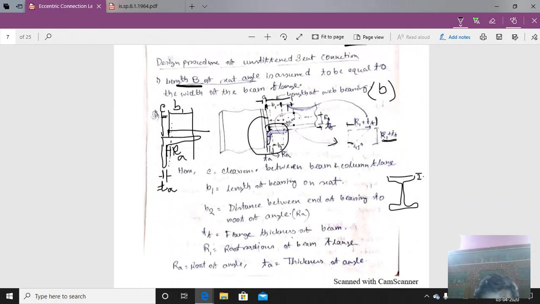So we need to find out from here to here that distance. This is B2. So how to find out B2?